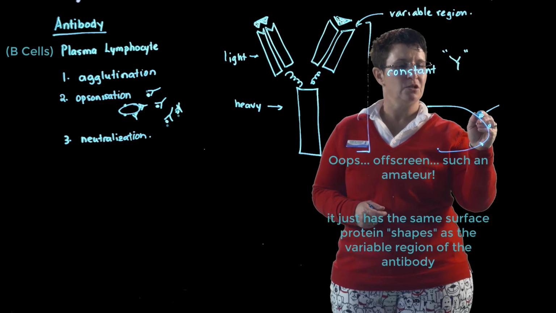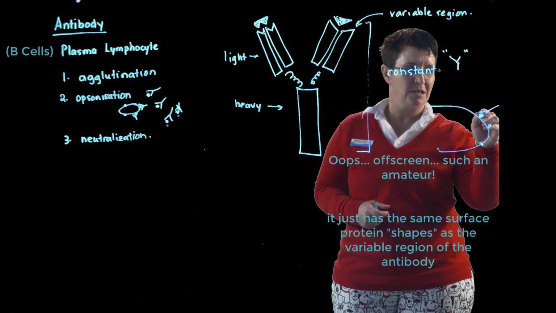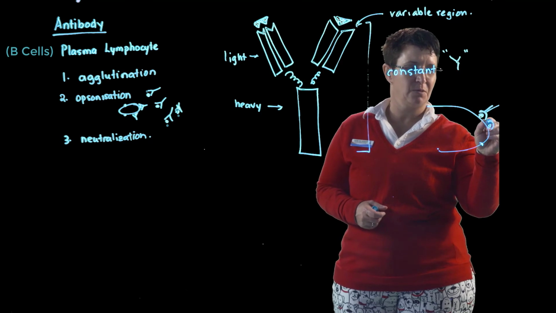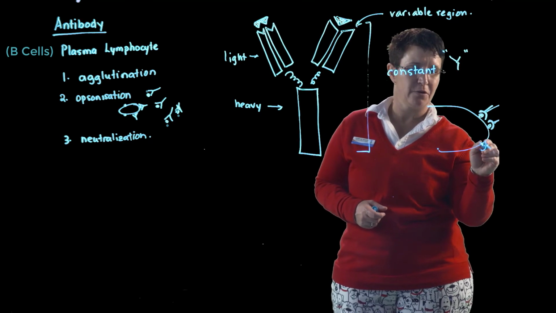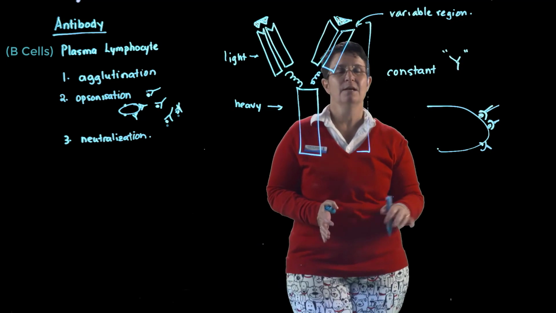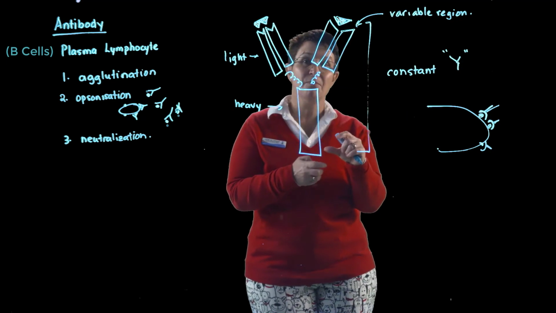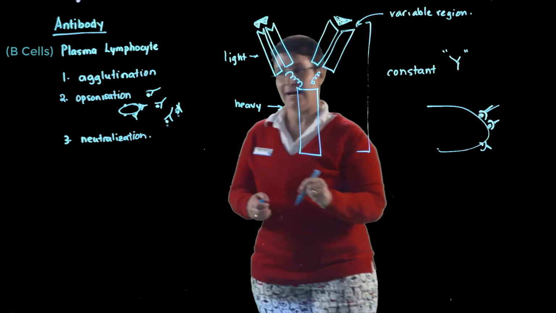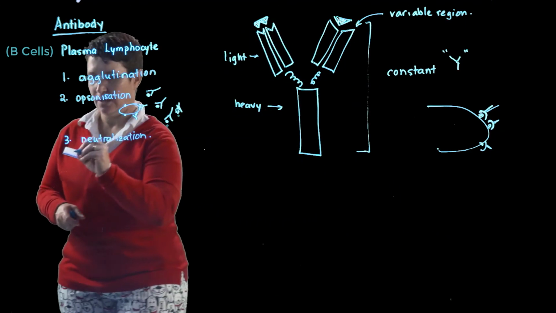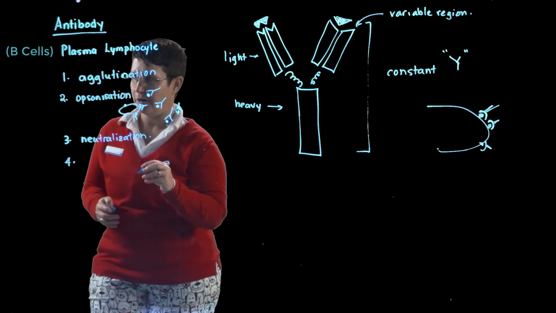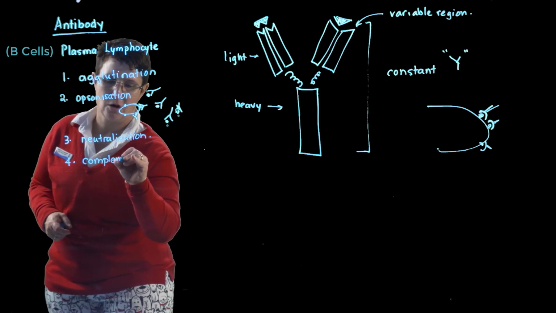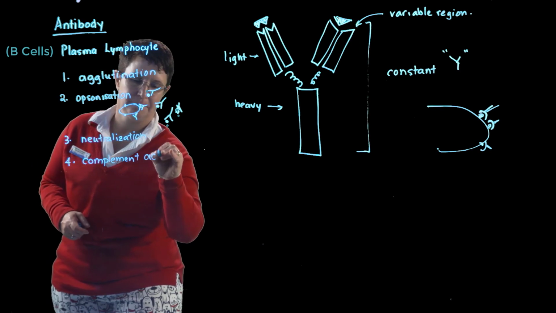So if the antigen has this particular shape, then the antibody surface shapes might look like this. And what the neutralization component does is take care of those active binding sites so that now they can no longer go into their target cells. So that's neutralization.